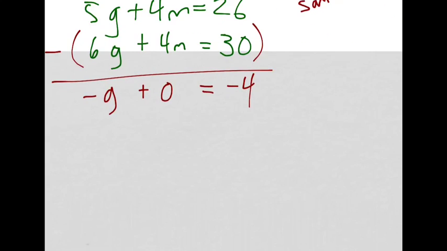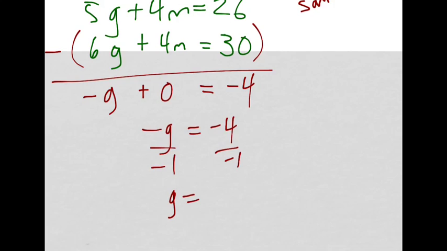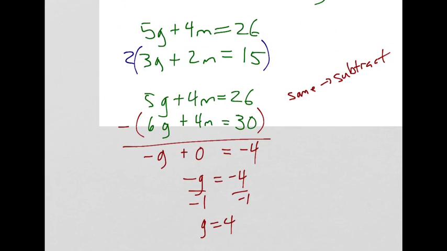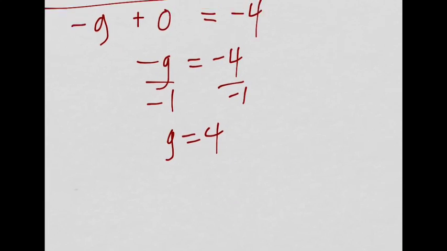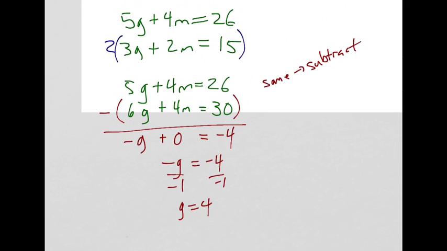And dividing by negative 1, we get G equal to 4. So the number of games he ordered are... sorry, not the number of games, the cost of one game. That's what G is: $4. Pretty cheap.